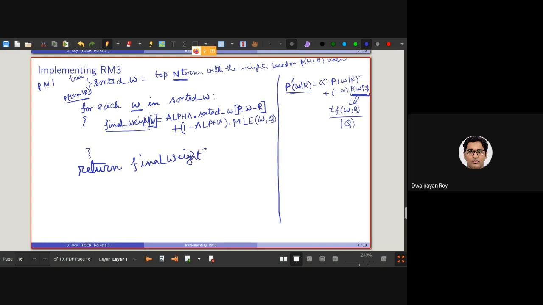Final weight. You can consider this as a dictionary or something like that, which is storing two things. Number one is the term, which will be the expansion term.